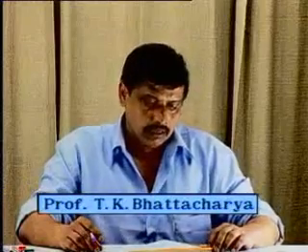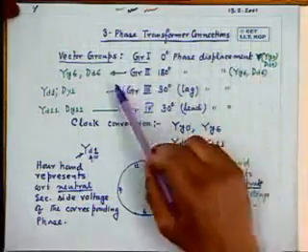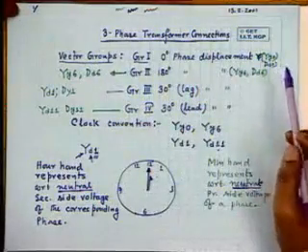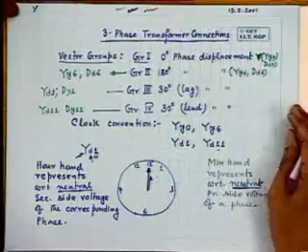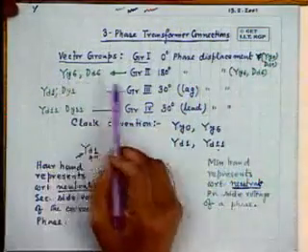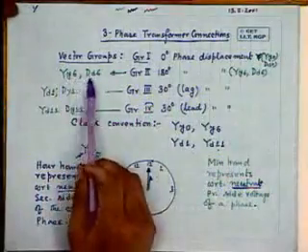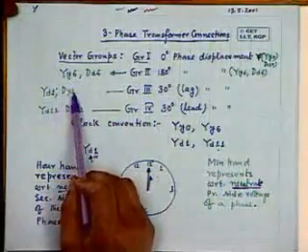So let us continue our discussion with three-phase transformer connections, and I will quickly review what I told in our last class. That is, three-phase transformer connections will be generally represented by vector groups. And just to recollect, on the nameplate of a transformer, the connections will be written as either YY6 or DD6 or YD1, DY1 like that.